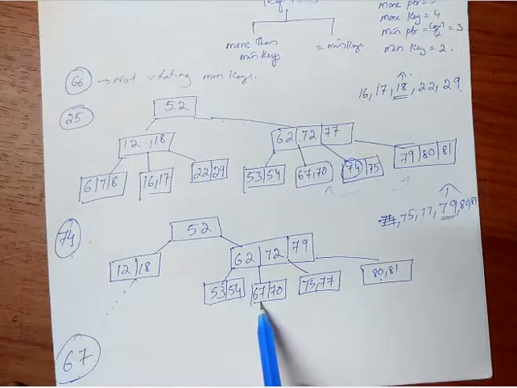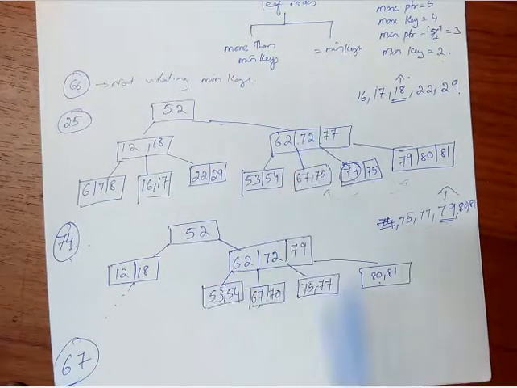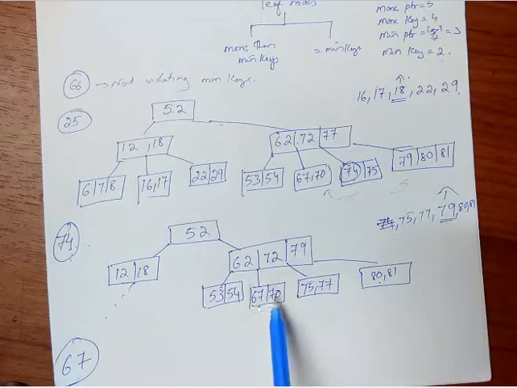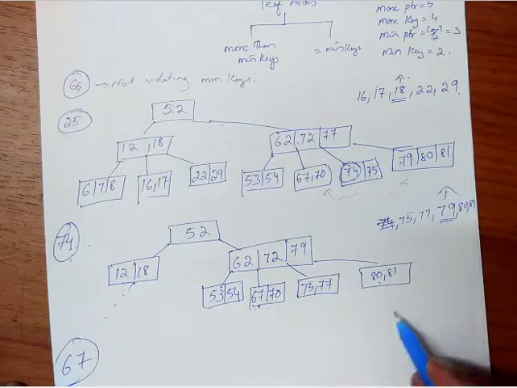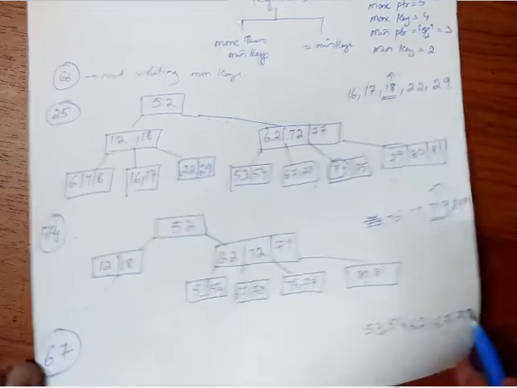Next we need to delete 67. In order to delete 67, it has the minimum number of keys, and we can see that the left child as well as the right child also have the minimum number of keys. It is 2. So we can take either the left child or the right child.